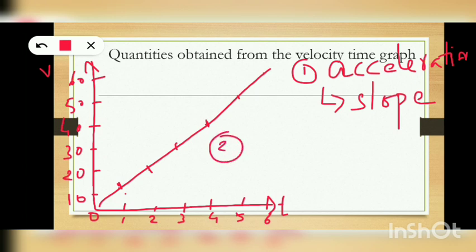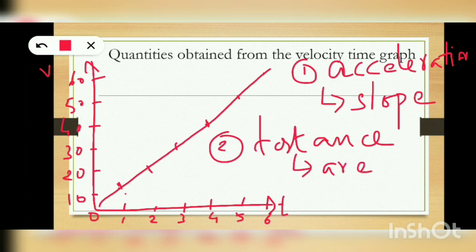Then the second quantity that can be obtained from this graph is the distance traveled by that object in a particular time interval. And how is it possible to find out distance? The area below the velocity time graph for that time interval gives the distance traveled by that object.